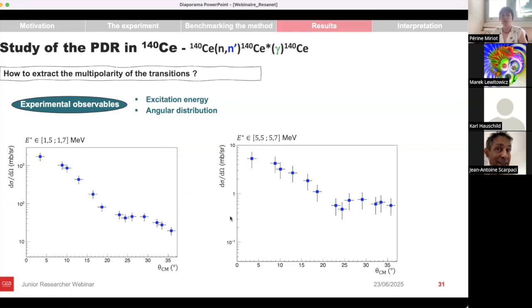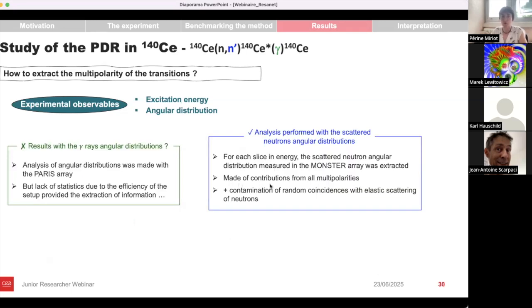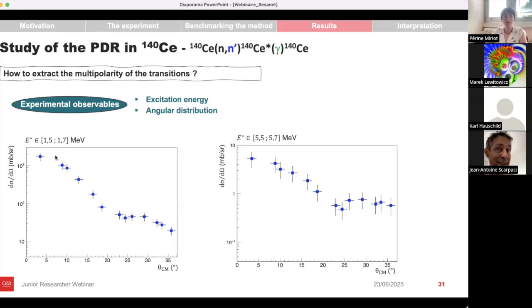And we know that in this total angular distribution we have contributions from several multipolarities and also contamination from elastic scattering events and from random coincidences. And so this experimental angular distribution has to be fitted with the elastic scattering contribution and contributions from the different multipolarities.